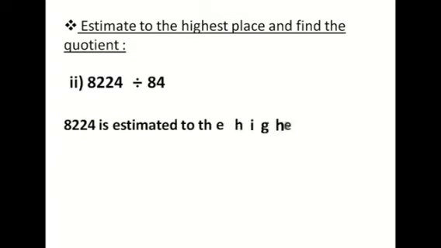So 8224 is estimated to the highest place as 8000, because before 1000 it is 100 and it is sitting like 2. If it is 1, 2, 3 and 4, what will happen? 8 will not be changed. Units, tens and hundreds will be replaced by 0. Okay. And for 84 the highest place is tens place. Before that it is units place and it is 4.